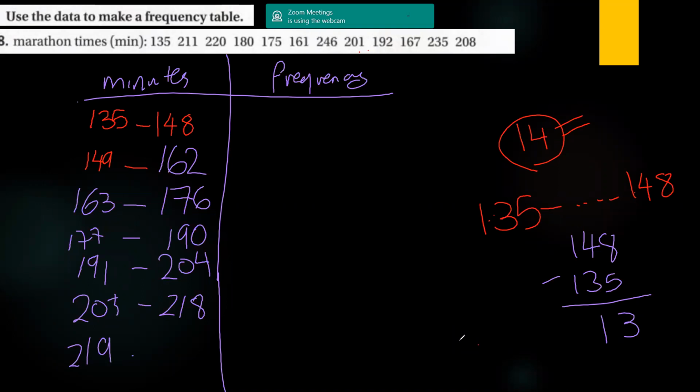Then 219 up to 232. Yes, exactly 232. What is my greatest number? It's 246.